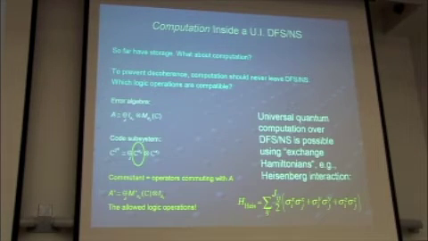And it turns out that for an important example, namely for collective decoherence, we can identify specifically what these allowed logical operations are. They are precisely the so-called Heisenberg interactions. A Heisenberg interaction is an interaction of this form. It's a pairwise interaction between qubits. It is symmetric between x, y, and z. It couples pairs of qubits.